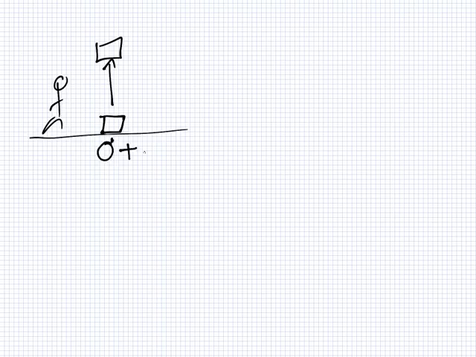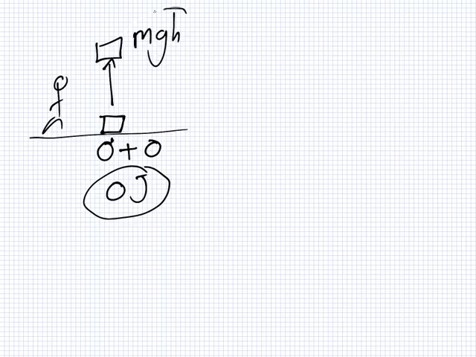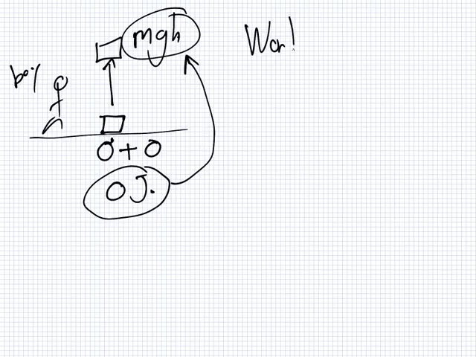And the potential energy? Zero. So here it has zero energy. Kinetic? No. Potential? Yeah, what is it? mgh. So this came from the boy. It was zero and now it's not zero. So that means the boy did the work. So the work that the boy did is equal to mgh.